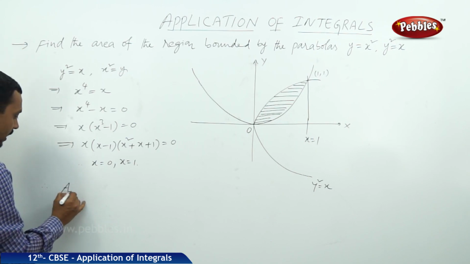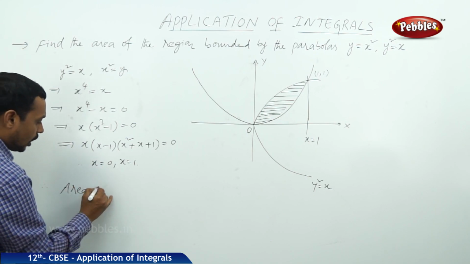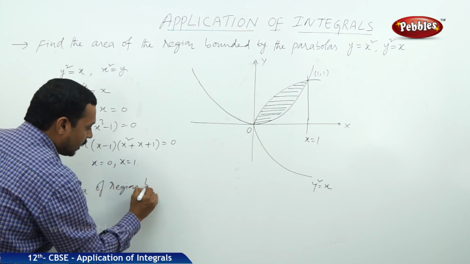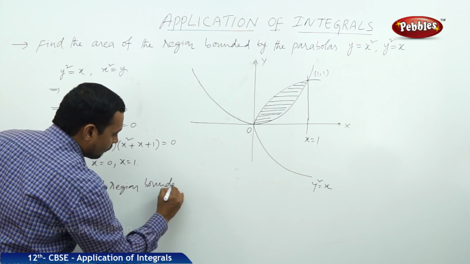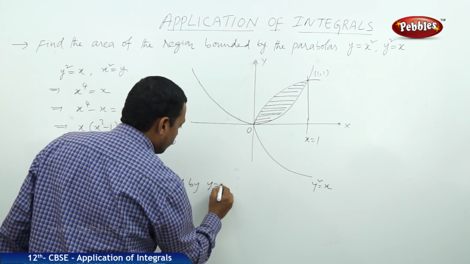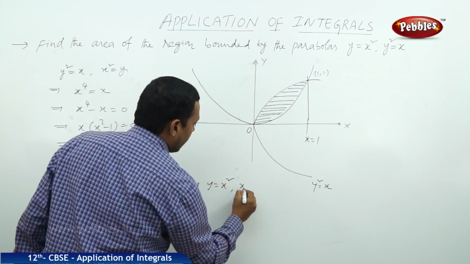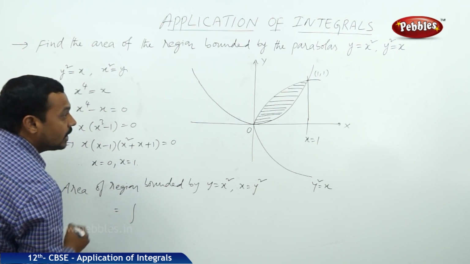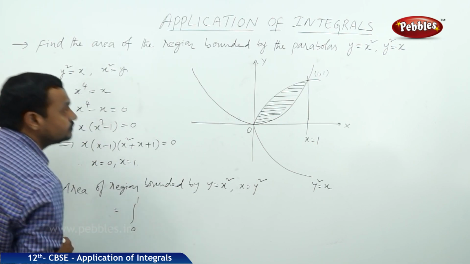Therefore, the area of the region bounded by the curves y = x square and x = y square is the integral from 0 to 1.